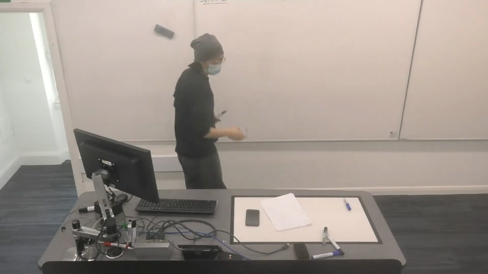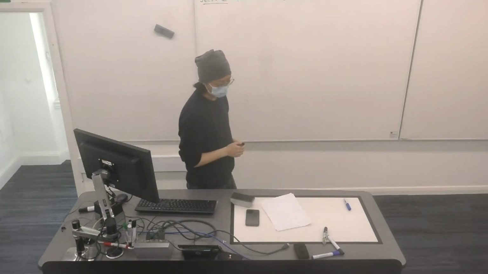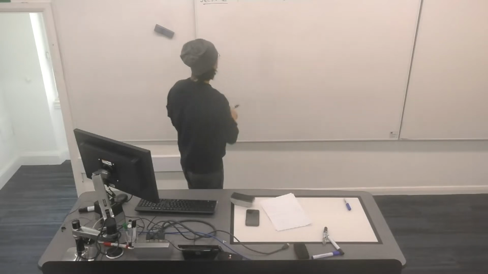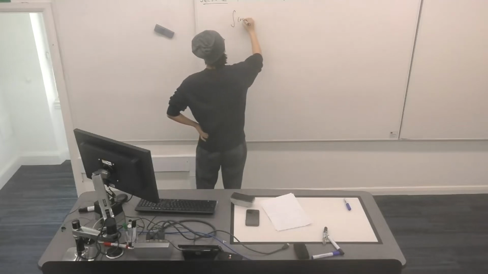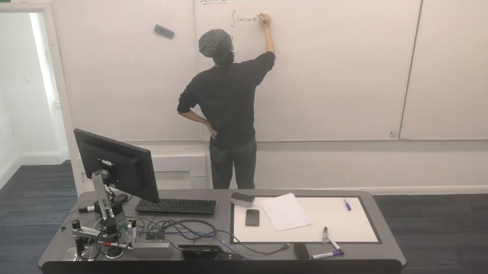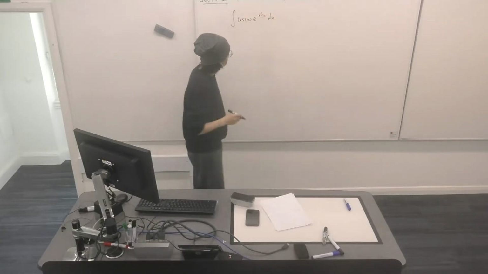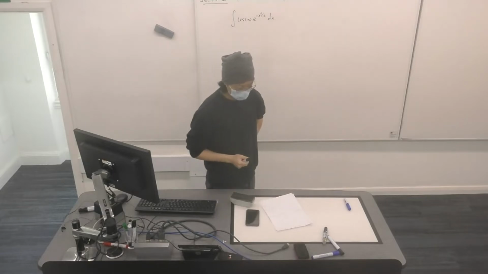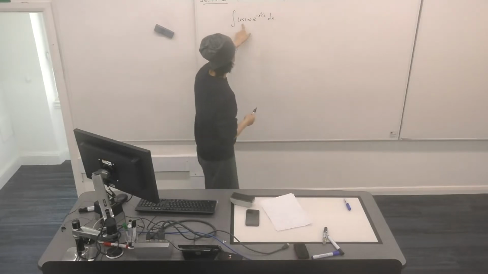But sometimes when we try to do integrations in real life, it's kind of complicated because we come across integrals that are a bit hard to integrate. For example, an integral like this. What's the antiderivative of this?